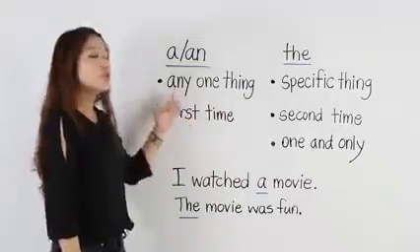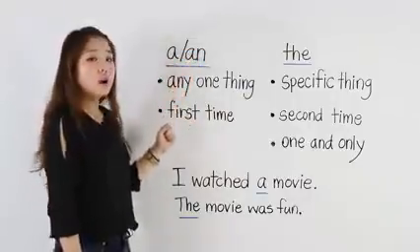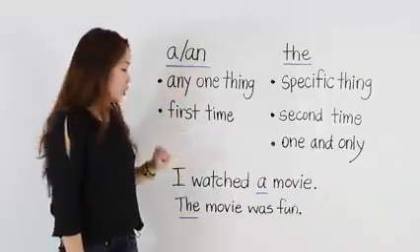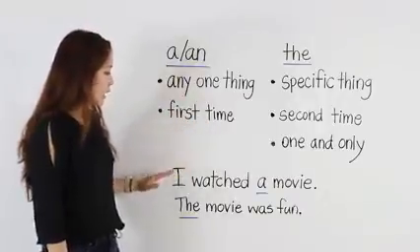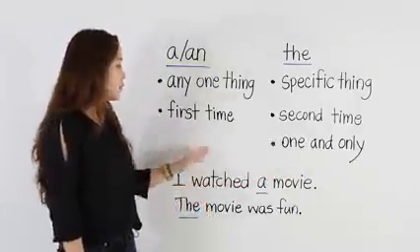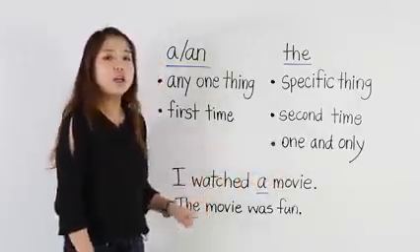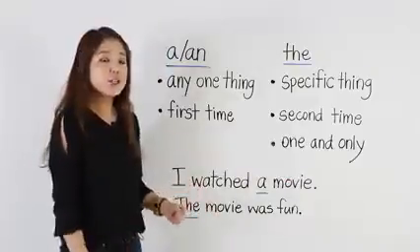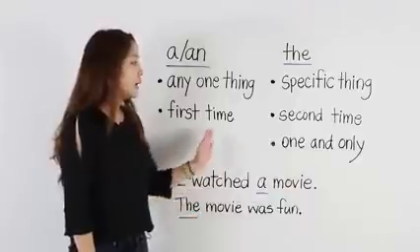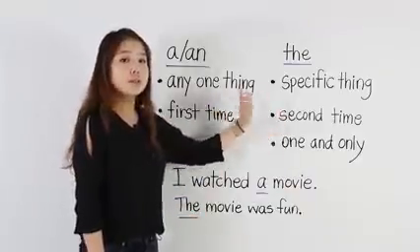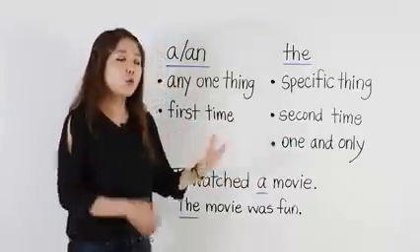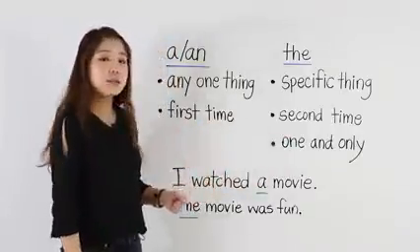Okay, let's move over here. We also use a or an when we're talking about something for the first time. So I have another example here. I watched a movie. Okay, I'm talking about this movie for the first time. So I have to use a movie. But if I want to talk about this movie again for the second time or the third time or fourth, fifth, it doesn't matter.